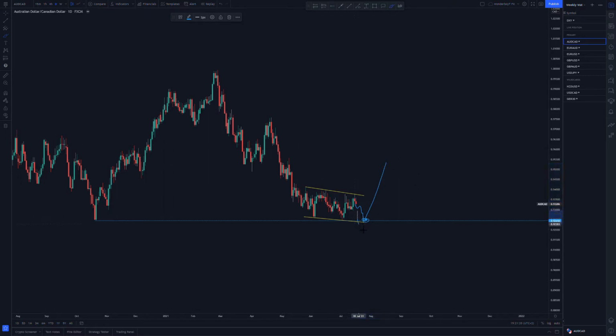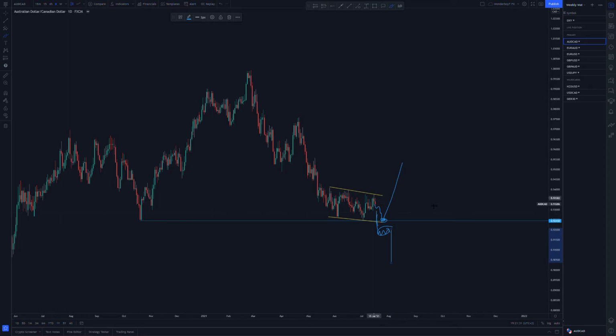Or if we break here, then I'll be waiting for a message, maybe something forming here, then I'll take it to the downside. So these will be my scenarios for the coming week, to see what will be happening during the week.